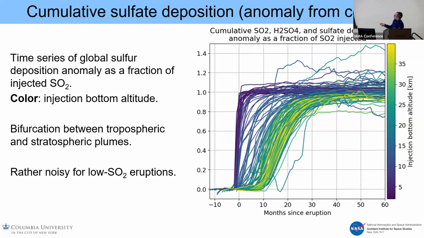And then it happens much slower when you go higher up in the stratosphere, again, a lifetime thing. And this bifurcation happens abruptly at the tropopause. So it doesn't matter whether you inject at 5 or 8 kilometers or at 25 or 35 kilometers, but it does matter whether you are below or above the tropopause because of cloud removal.